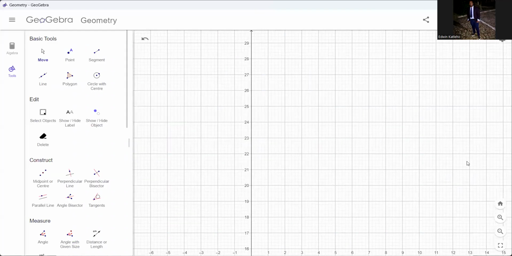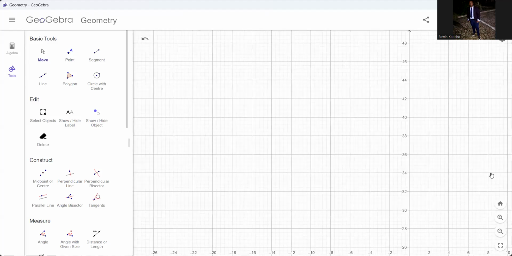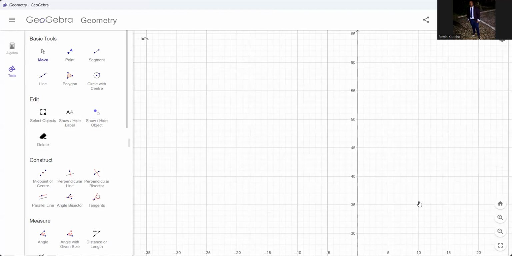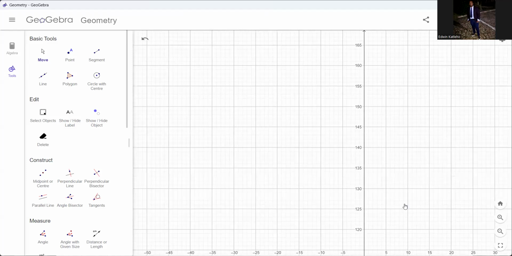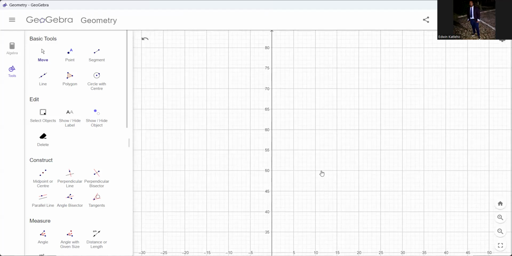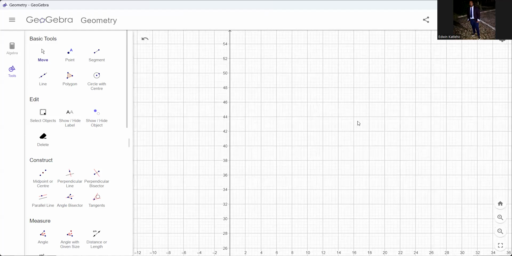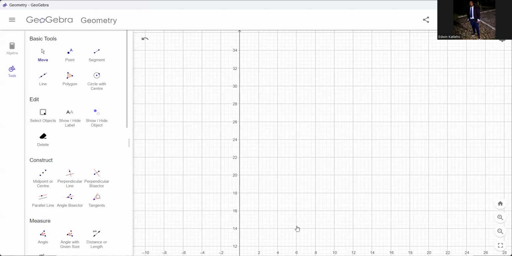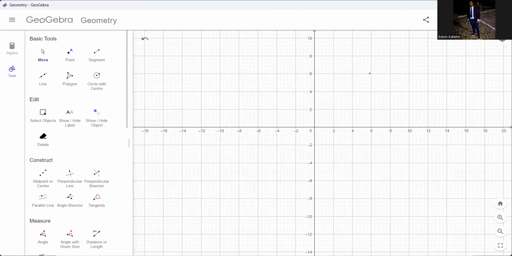I need the points where this graph starts. Where's my 0 mark? There we go. And I was looking for this.